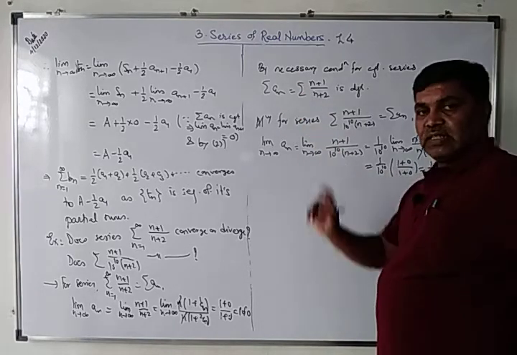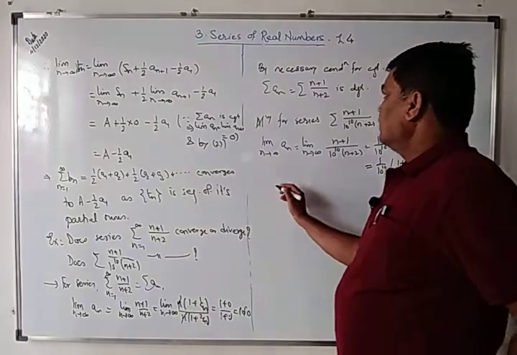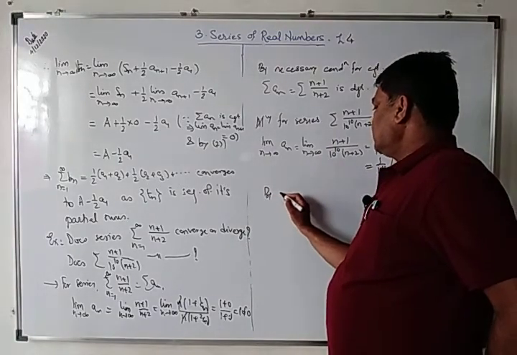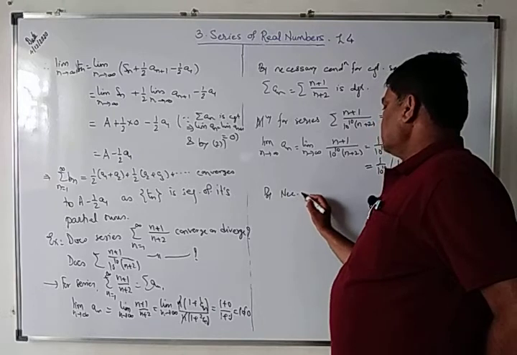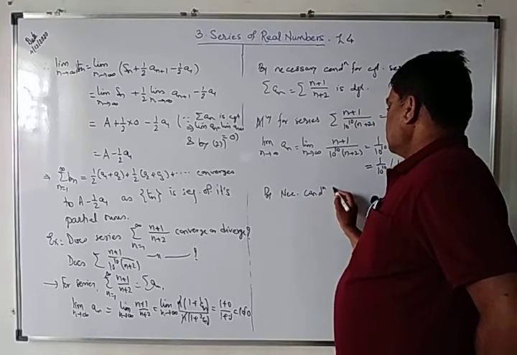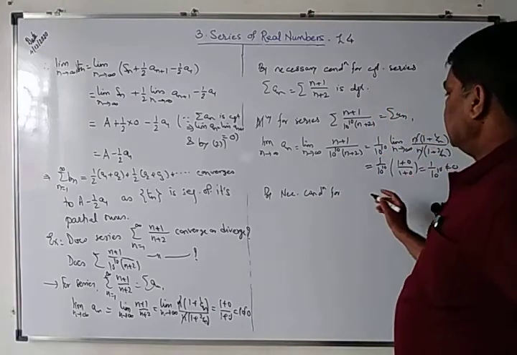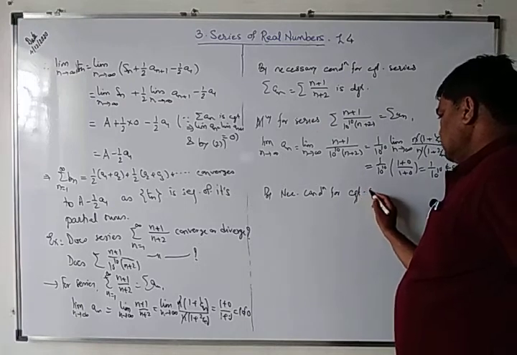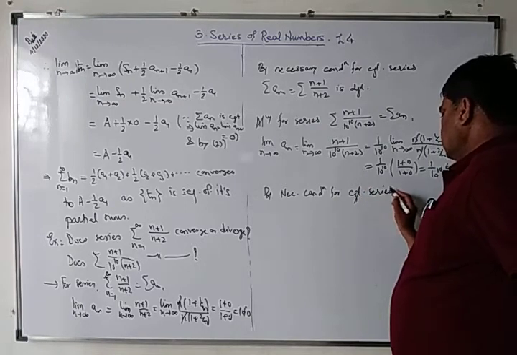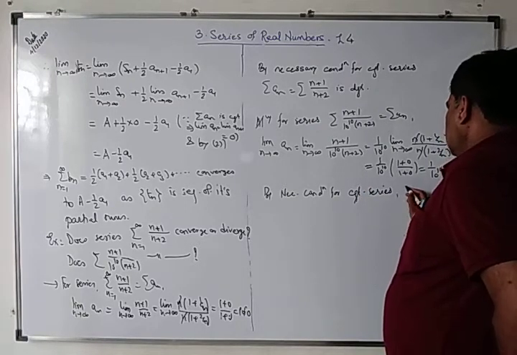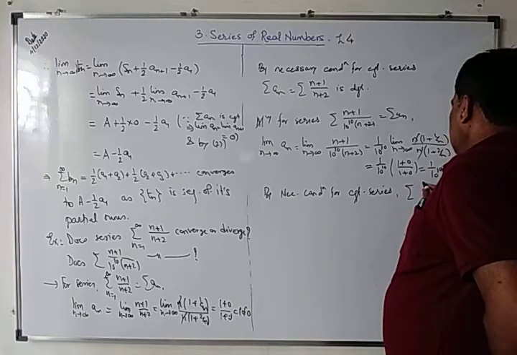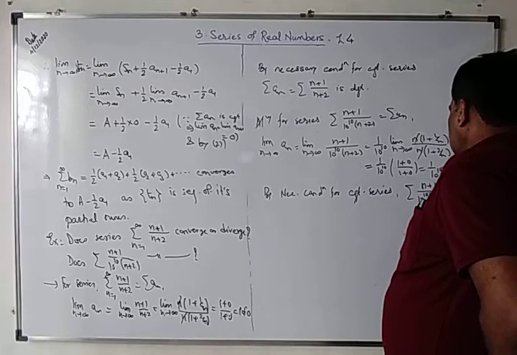And again by the necessary condition for convergent series, summation of (n plus 1) upon 10 raised to 10 into (n plus 2) is divergent.